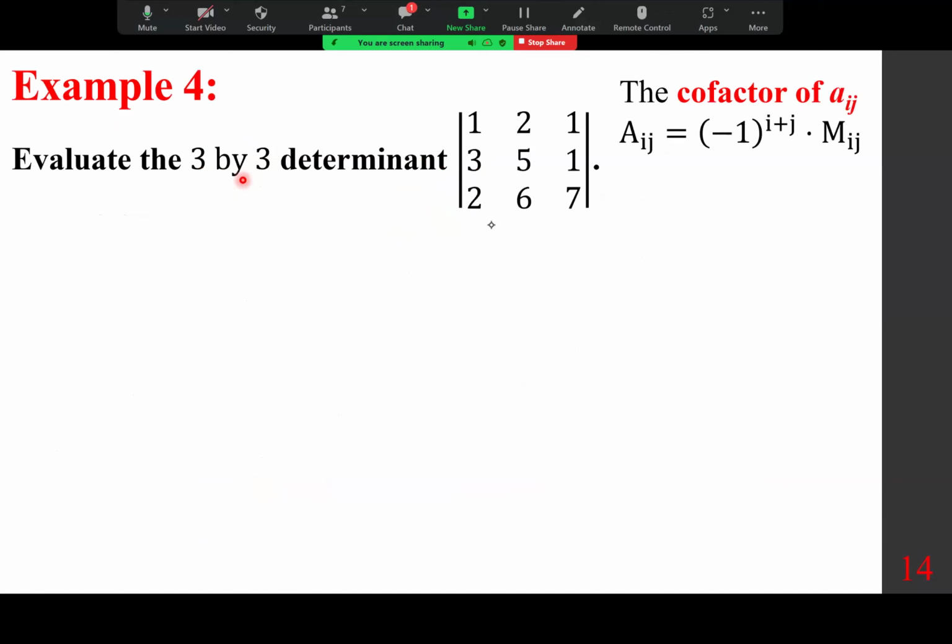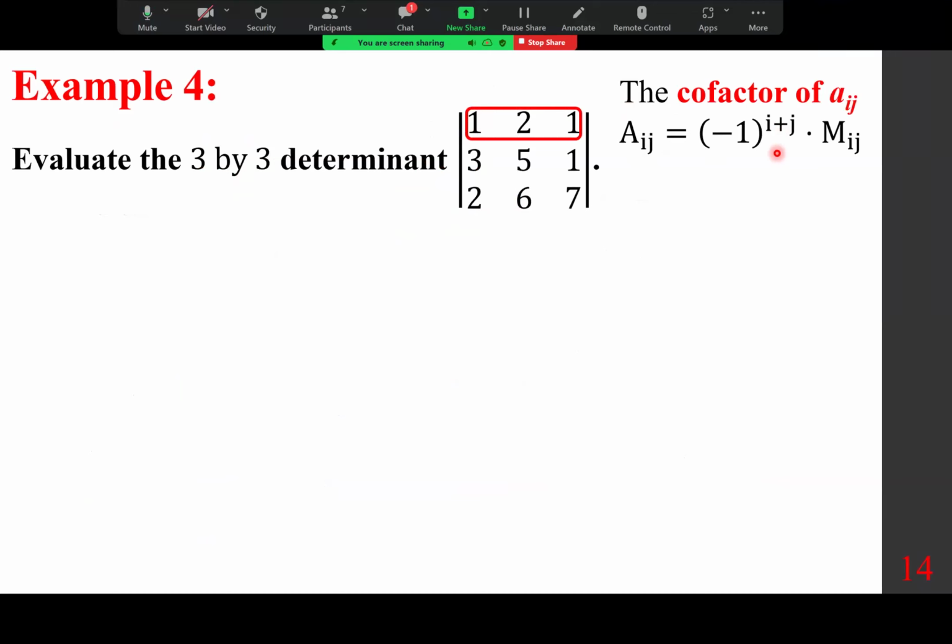Evaluate the 3 by 3 determinant. And again, I'm writing this is the cofactor. If you just remember, if you want to expand with respect to the first one, this takes a positive sign. You don't have to worry about it. And then they alternate. I can't emphasize this enough.